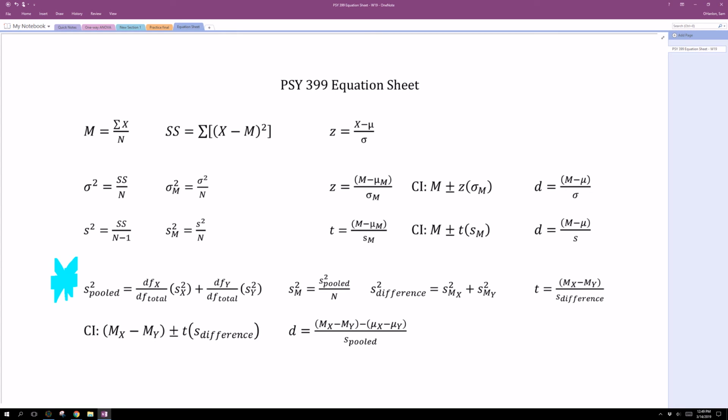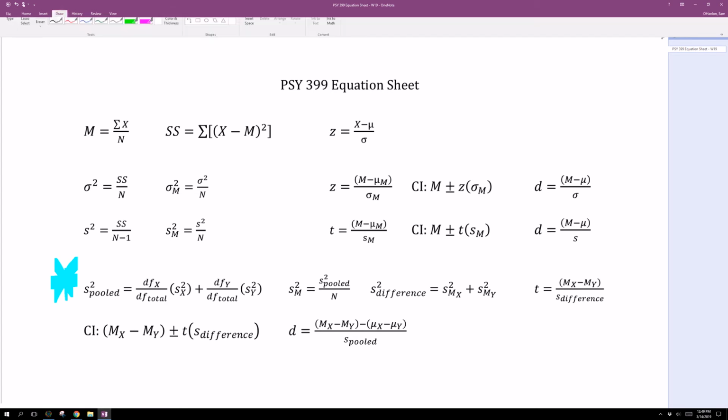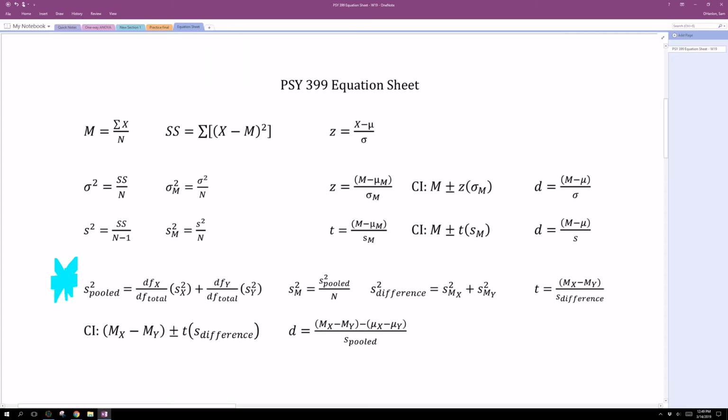Okay, so moving on to your two samples, independent samples t-test. So here, all you have to do is work from left to right across the page. In this first equation, you're going to see df, which is degrees of freedom. Remember that df is just n minus 1.